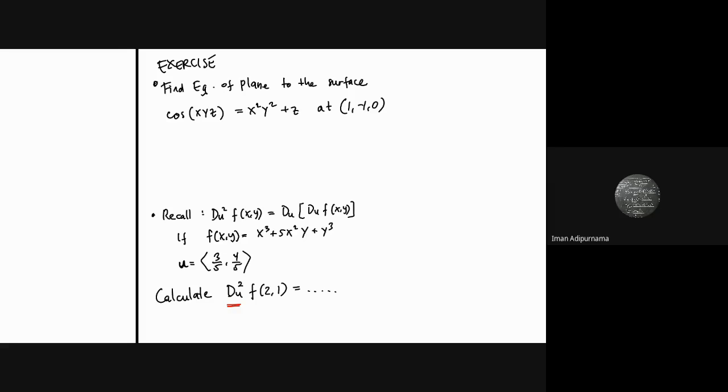Okay, if you find the answer, you can write the answer in the chat box. Maybe the first one. I think the first one is not really that complicated, the calculation, I mean. For the second one, I think it has some calculations. 2x plus 2y plus c.